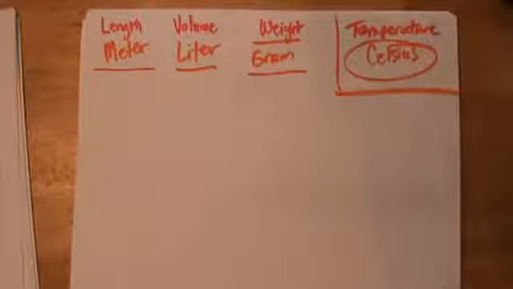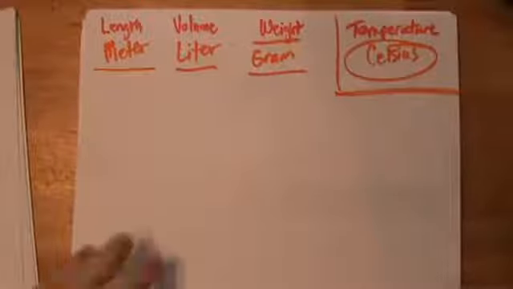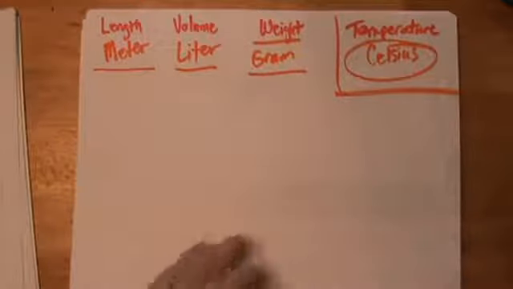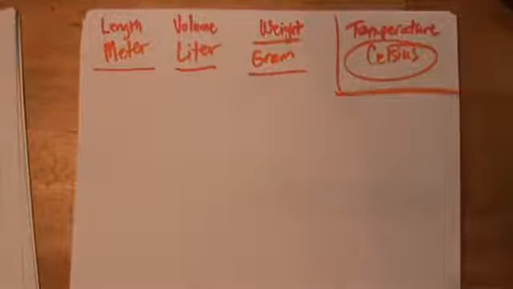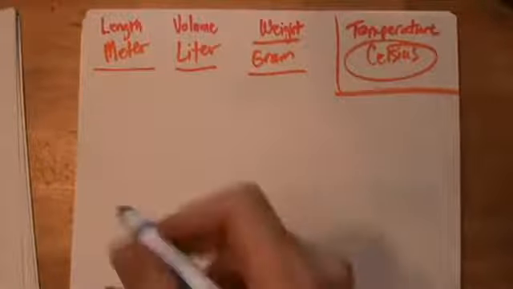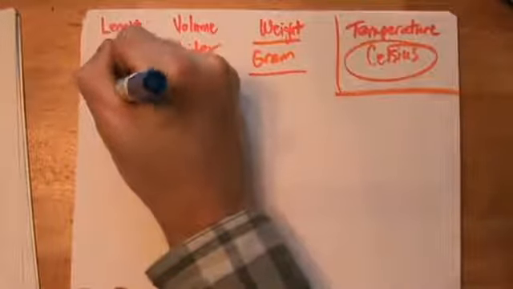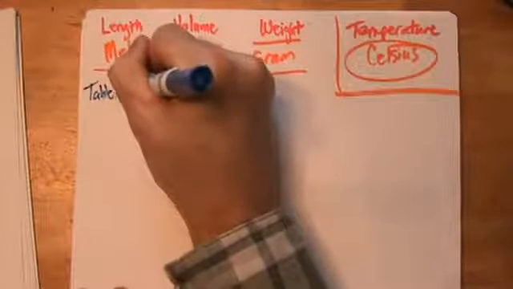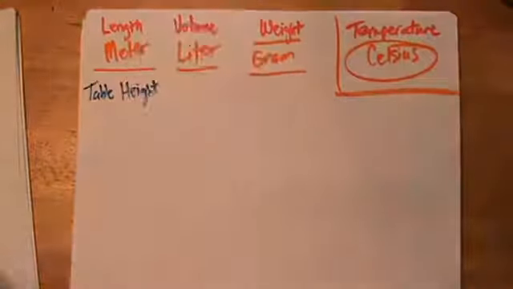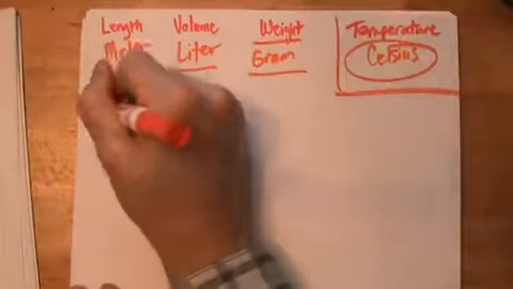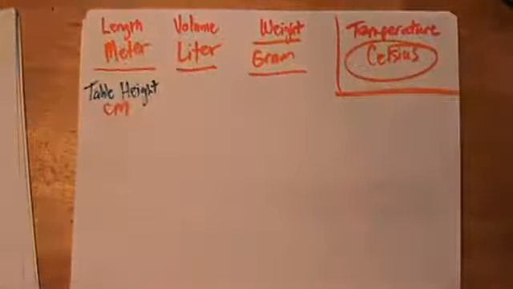Now we'll look at length first, with the basic unit being the meter. If we are given a certain object to measure, for example, the height of a table, you would probably measure the table height in centimeters would be the best answer.